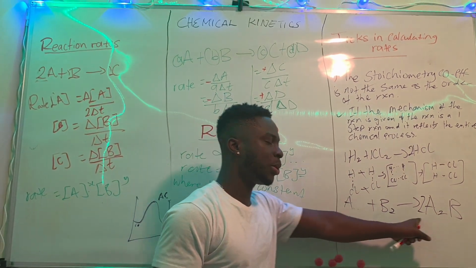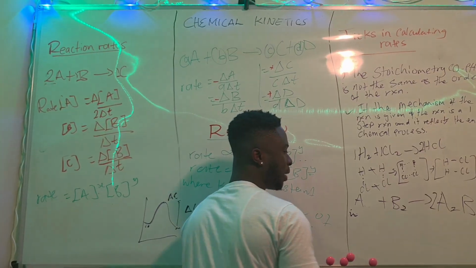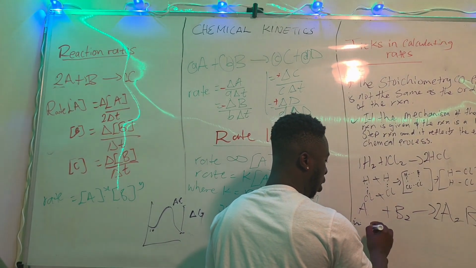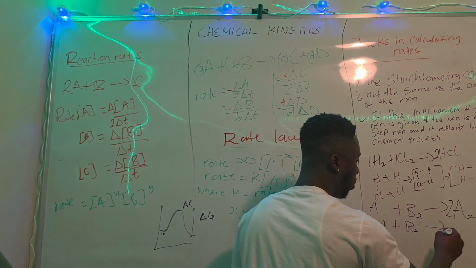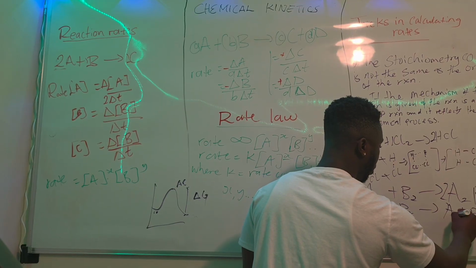Now, for this reaction to occur, there might be an intermediate step, where, let's say this is step 1, A plus B2 combine to form AB.